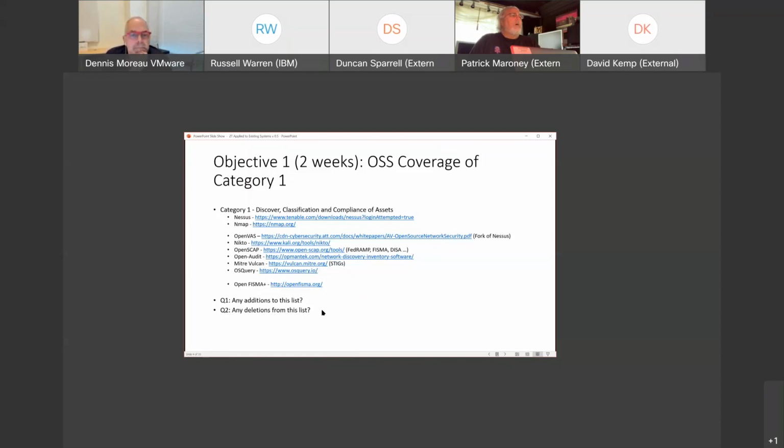Go ahead. Is it possible, and if this is too much overhead, then don't do it now, but I would say at some point we're going to have too much of this to keep track of in view graph form, basically. This seems the type of list that is more amenable to a GitHub repo with a markdown file in it that just has a list, and then when someone wants to add something to it, they do a pull request against the list or whatever.